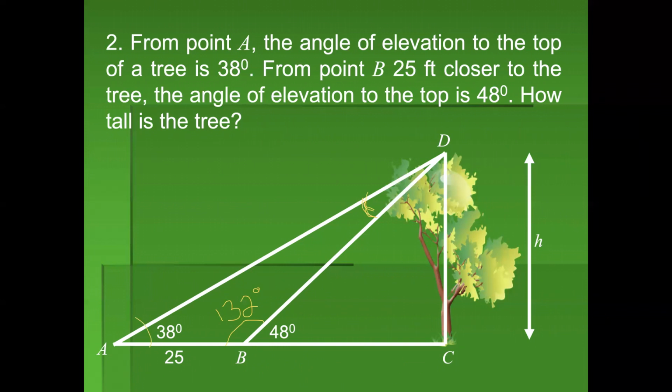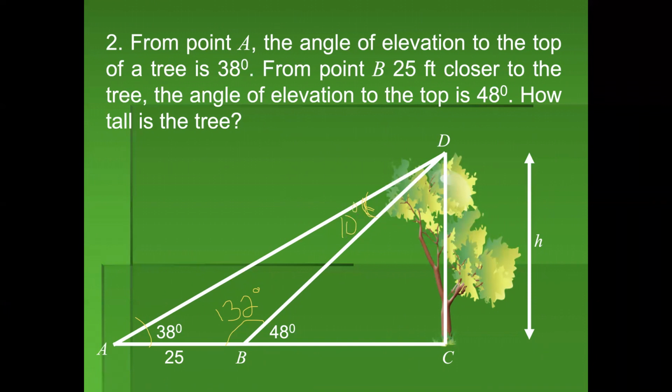So we'll just subtract the sum of 38 and 132 from 180. When we add 132 and 38, that will be 170 degrees. So 180 minus 170, therefore this angle is 10 degrees.